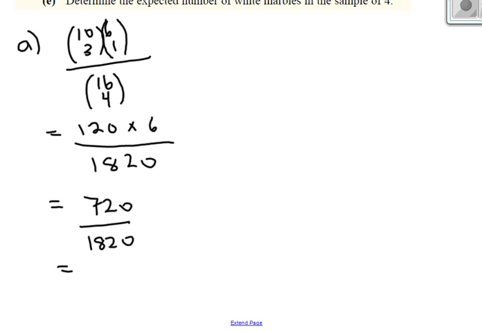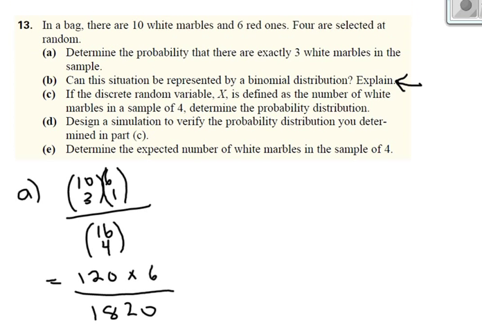And let's make sure we're good at math here. 720 over 1820 reduces to 36 over 91, which is approximately 40%. So there's a 40% probability of drawing the white marble.